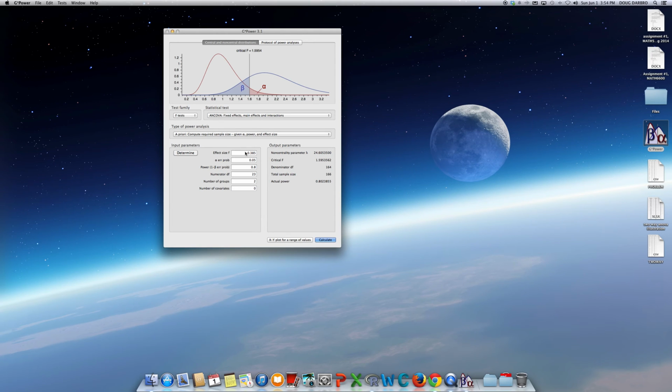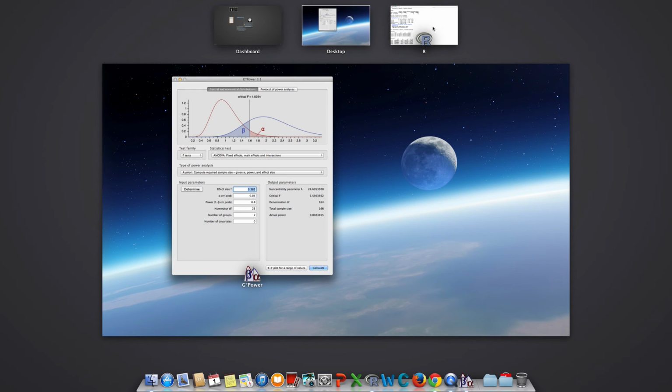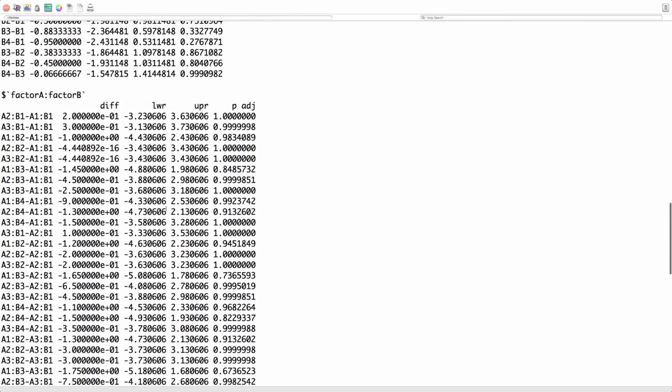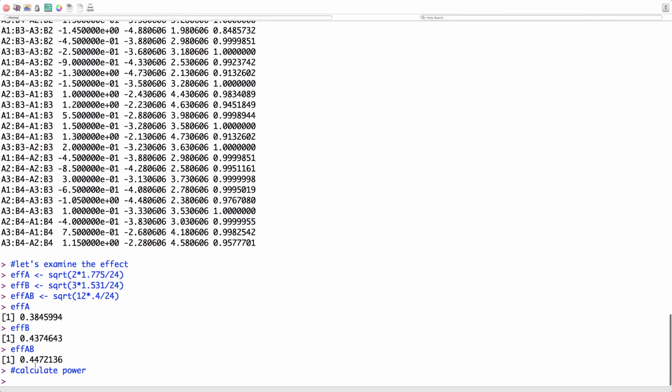All right. If we go back to the interaction, we'll see that we had an effect size of 0.447.